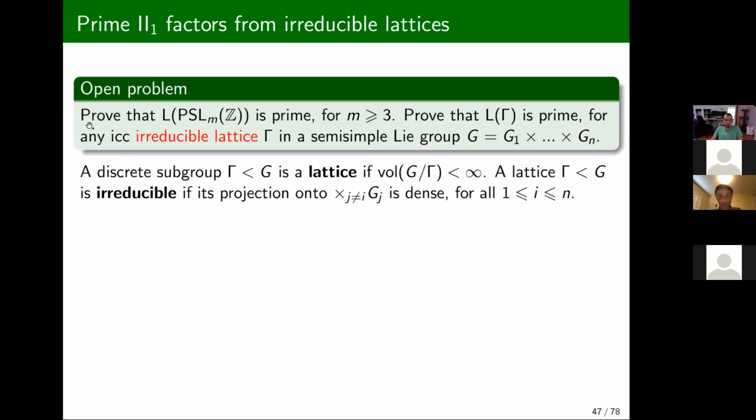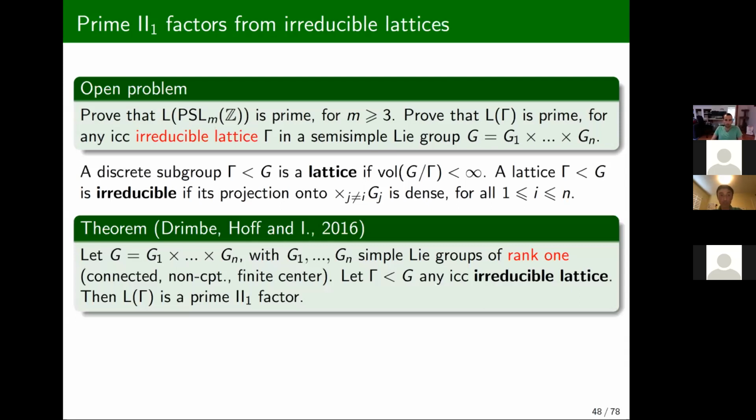And I should mention that this is still an open problem in its generality. However, a few years ago, with Daniel Drimbe and Daniel Hoff, we were able to settle this problem under the assumption that all the simple Lie groups involved here, G1 through Gn, are of rank 1. So let G be the product of n simple Lie groups of rank 1, each of which is assumed connected, non-compact, and with finite center.